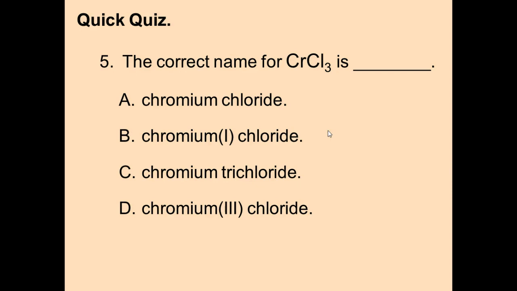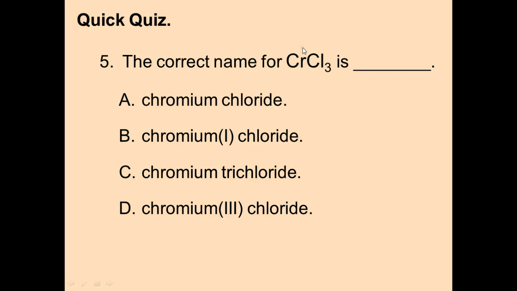The only two answers with parentheses are B and D. And this time both of them have it in Roman numerals, but we don't know the charge yet. And if you remember, before we did the step of crossing over the exponents, we first wrote their charges.